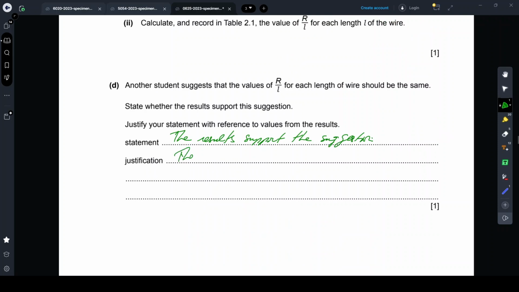So the justification would be that the variation in results are within the limits of experimental accuracy.